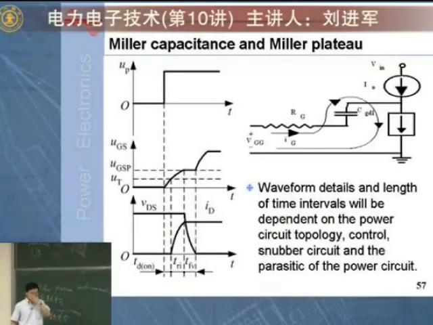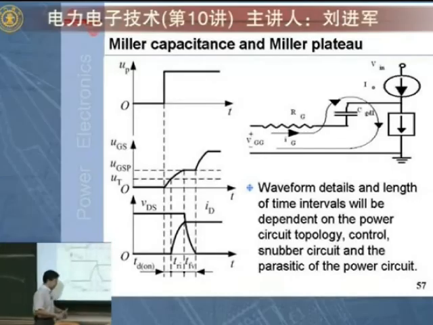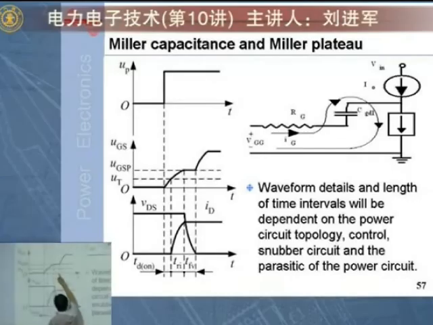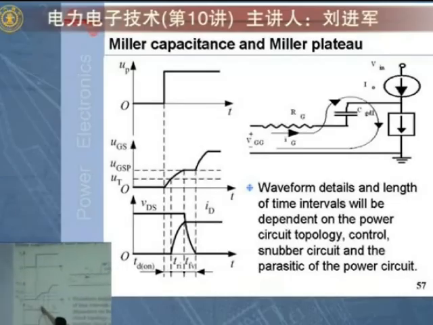When you have this Miller capacitance, let's see, during the turning on process, when you apply positive voltage, the gate voltage will start increasing.